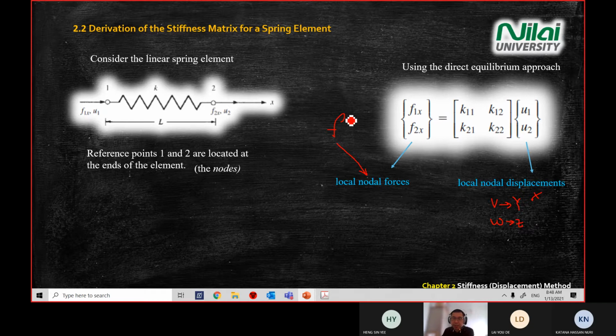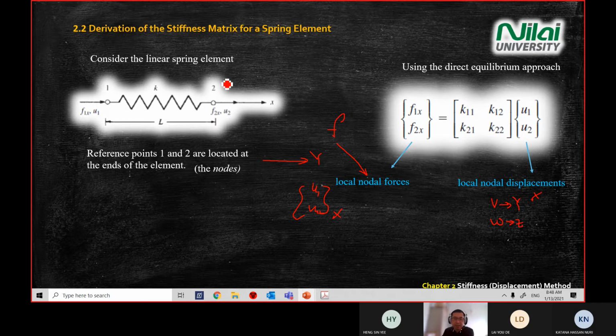Okay, so of course in your final exam, it won't be that direct. I'll give you a direction. I'll change the x into maybe y or z. If I give you a system in the y direction, and your answer gives me the displacement in u1, u2, you get the wrong answer.